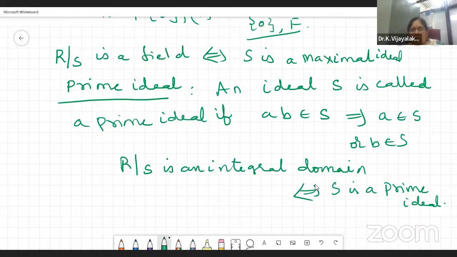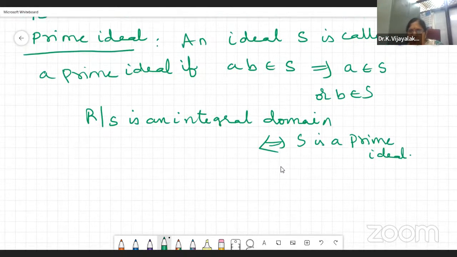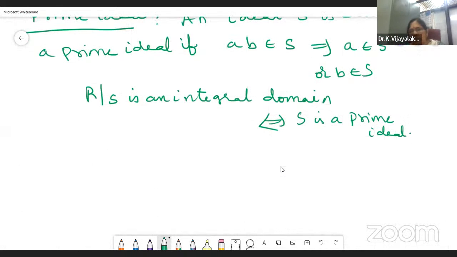So these are the important concepts of rings. As a summary, what we learned today is a ring. First, we focused on the binary operation. We say that an algebraic structure G with a star is said to be a group if star is associative and there exists an identity element and there exists an inverse.